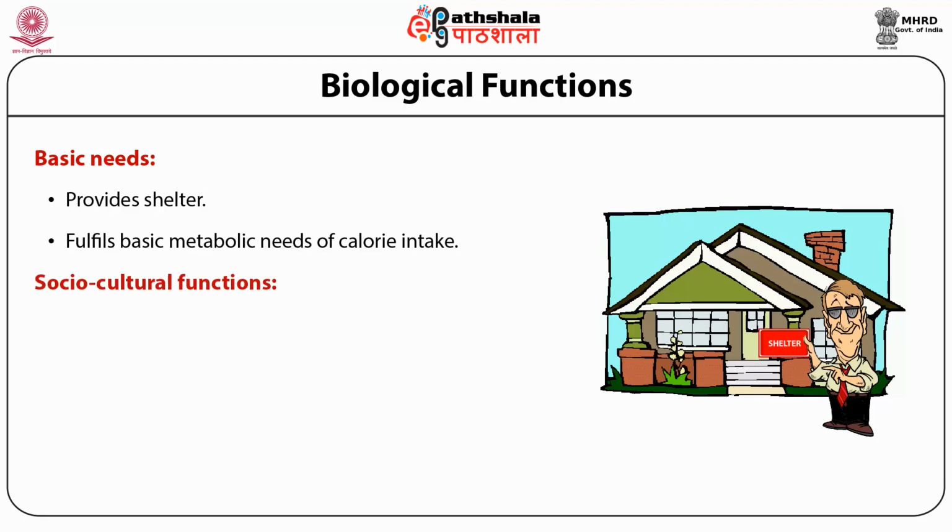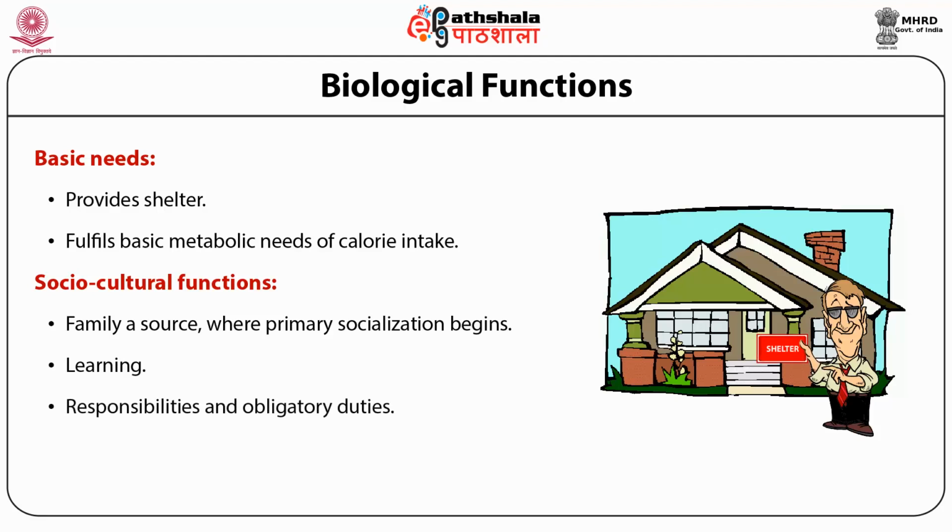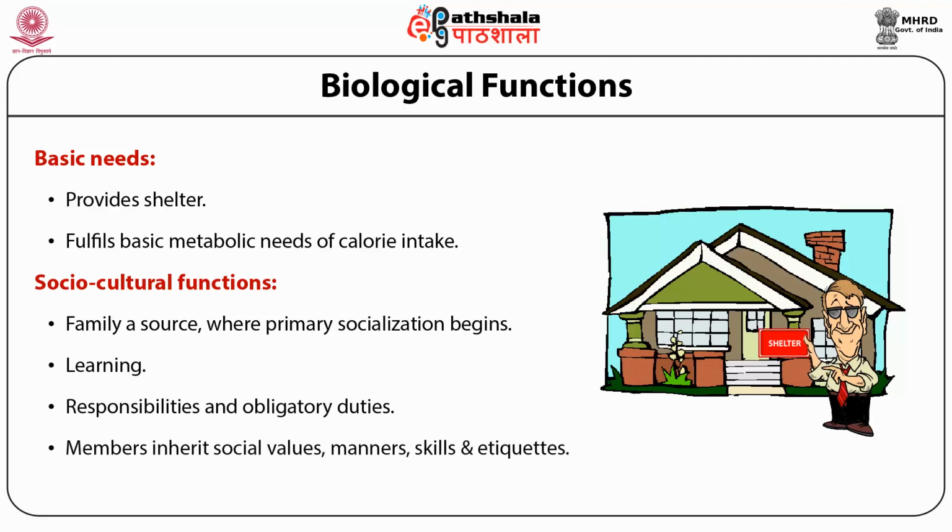Then the socio-cultural functions: family is a source where primary socialization begins, with learning, responsibilities and obligatory duties, and members inherit social values, manners, skills, and etiquettes. Learning by observing is also an important function in the family.